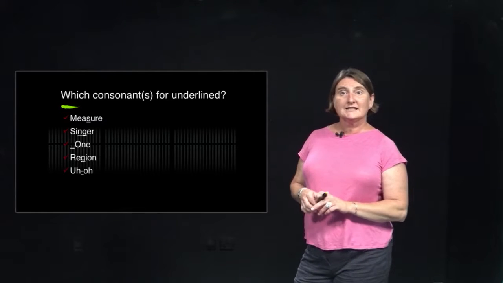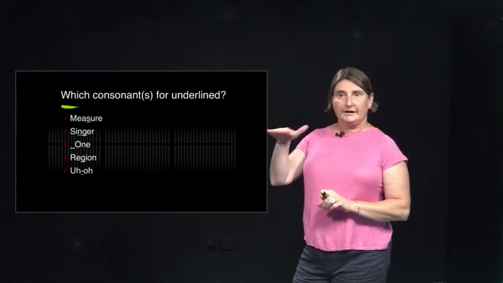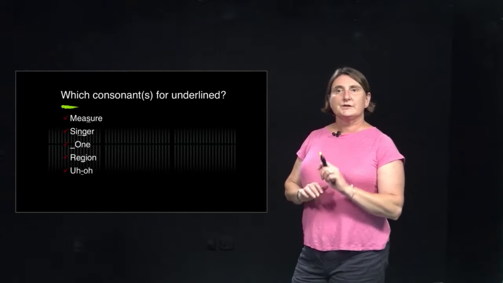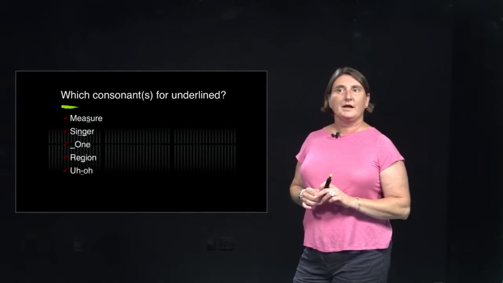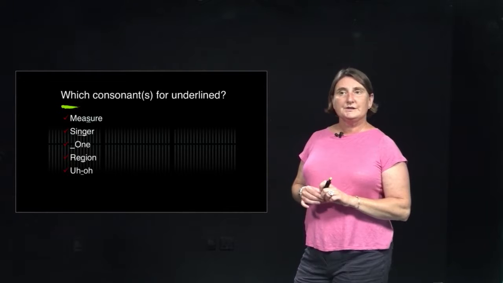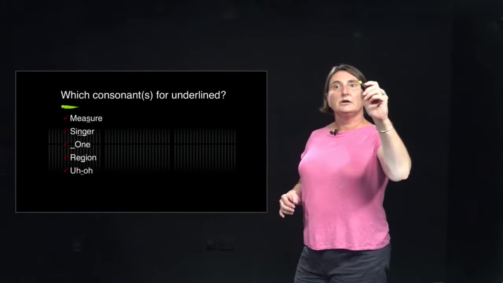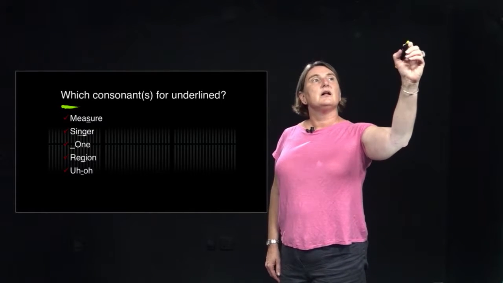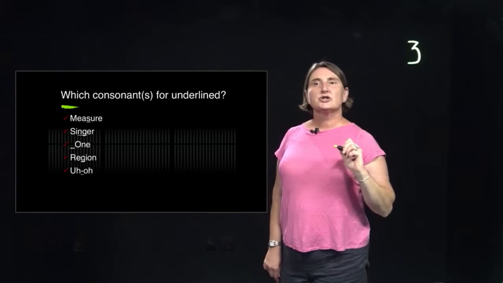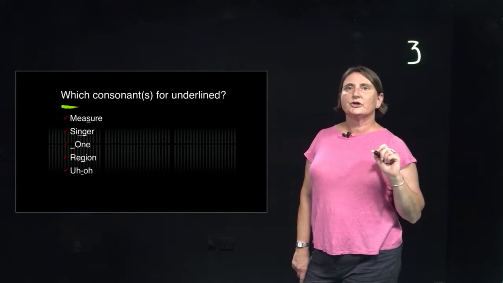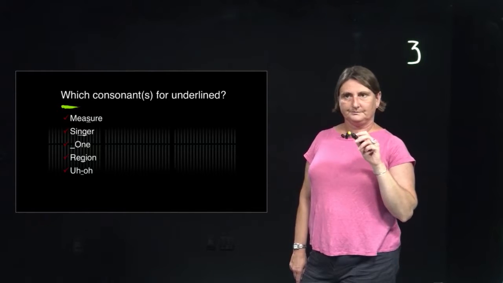We want to know what the consonant is for the underlined area. This word is measure. This is a place where I would want you to use the zh. That's like in leisure and Asia, measure.